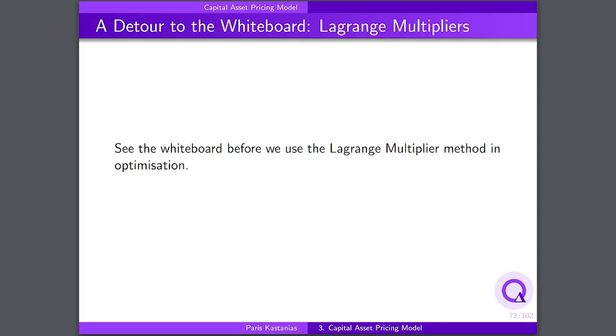Here's how you do it. You let del of f equal to lambda times del of g.